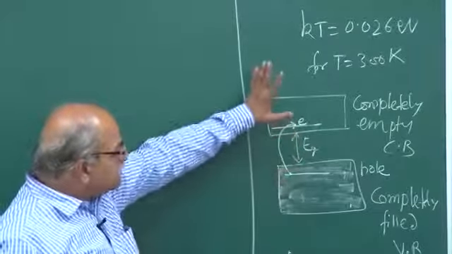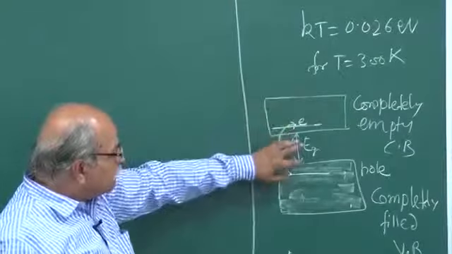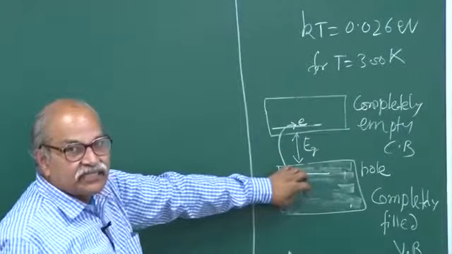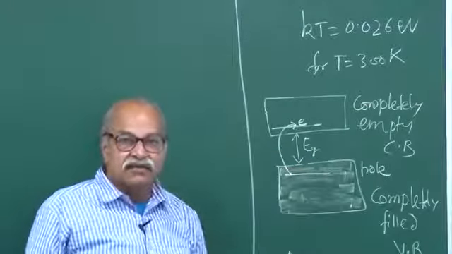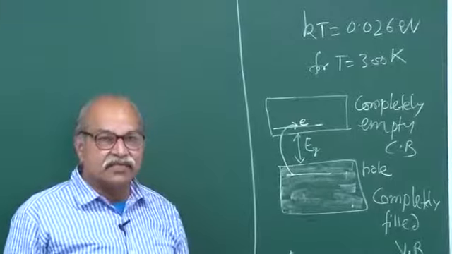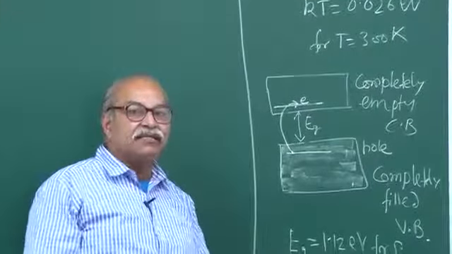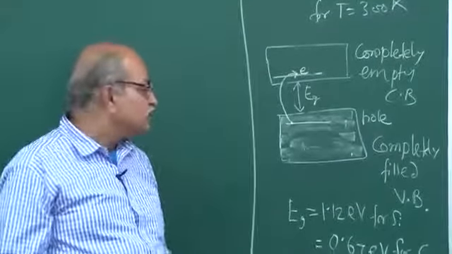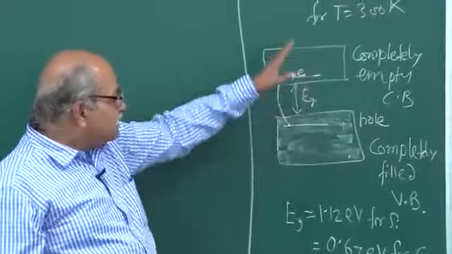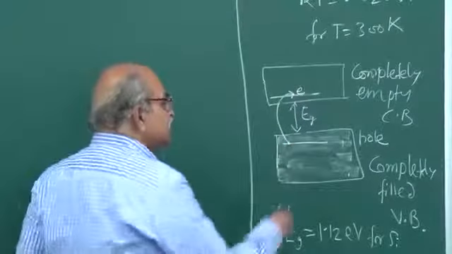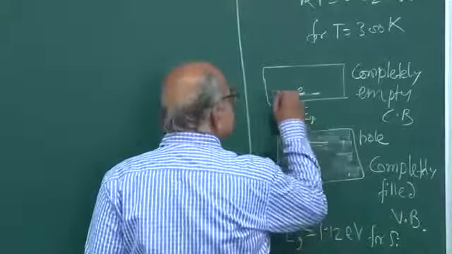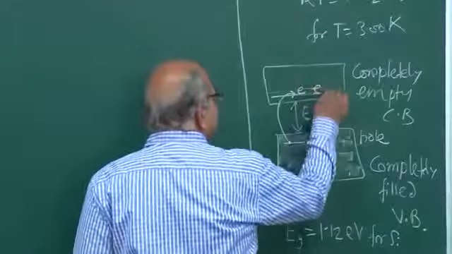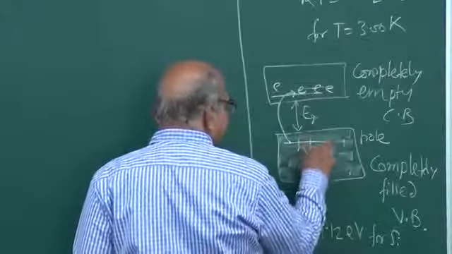At any given temperature you will have some electrons here and some holes here, because thermal interactions are always there. So, energy is taken by the electron, given by the electron. Those kinds of exchanges are always there. So, at any given temperature, some of the quantum states here will be empty and some of the quantum states here will be filled, and therefore you will have some electrons here and the same number of holes here.